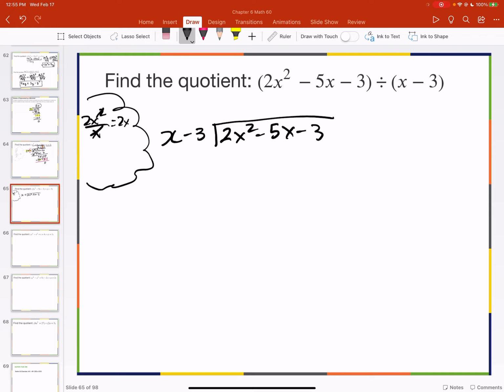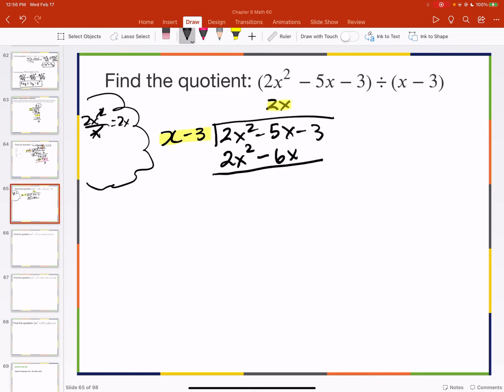You're going to get 2x. So 2x goes right here. Then I multiply and distribute. I'm multiplying 2x by this whole binomial. So 2x times x gives me 2x squared. 2x times a negative 3 gives me minus 6x.